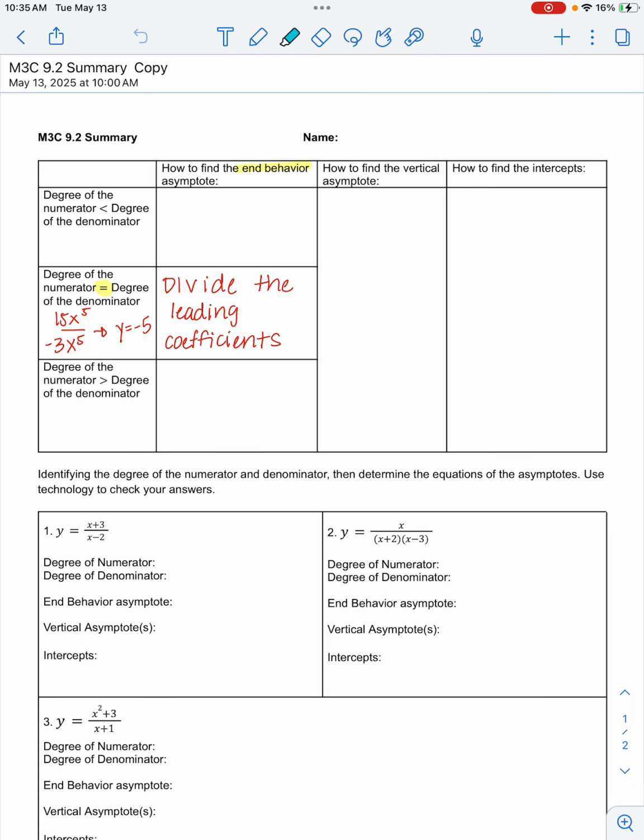So when the degree of the numerator is smaller than the degree of the denominator, it is always going to give you a y equals 0 end behavior asymptote. You don't have to worry about doing any division. You don't have to worry about figuring out what numbers in the equation to use. You're just always going to have y equals 0 as the end behavior asymptote when the degree in the numerator is smaller than the denominator.